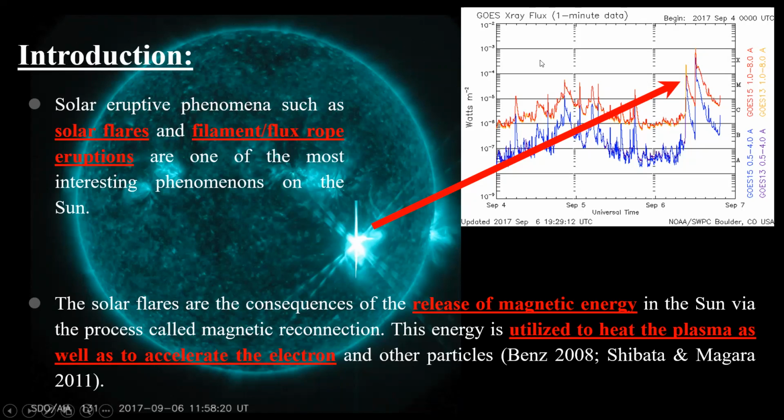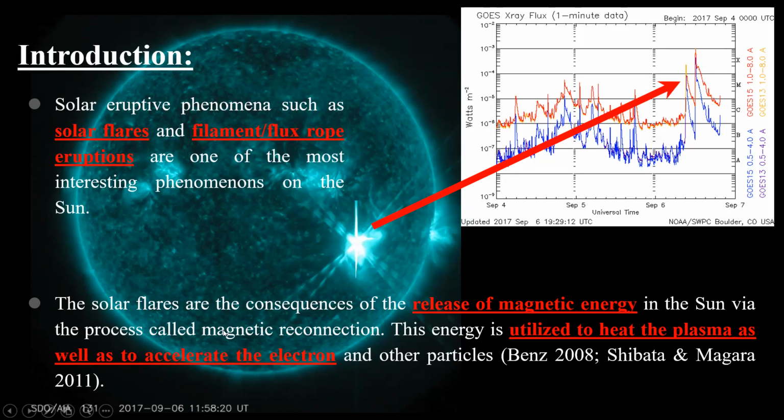This is the X-ray flux recorded by the GOES spacecraft, in the X-ray wavelength. You can see several peaks occurring at certain intervals of time for some duration, and these kinds of peaks usually occur when a solar flare occurs on the solar surface.